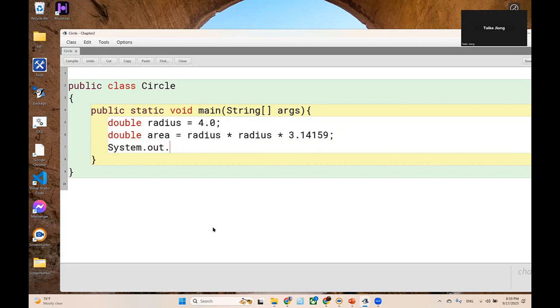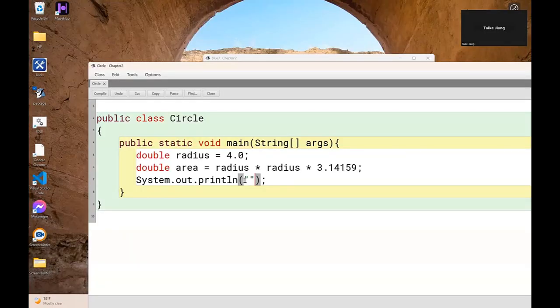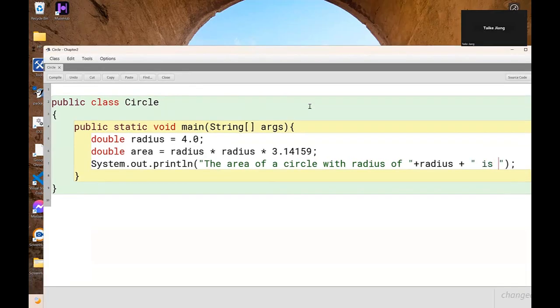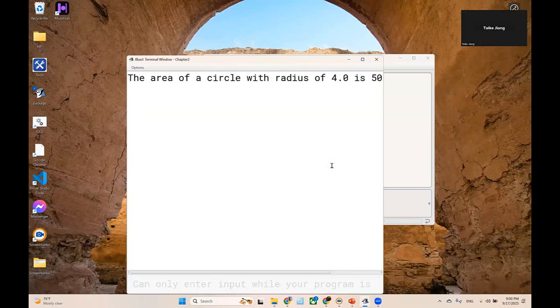Then you can print out: the area of a circle with radius of plus radius plus is plus area. Then this one will compute the area of a circle and then print it out.